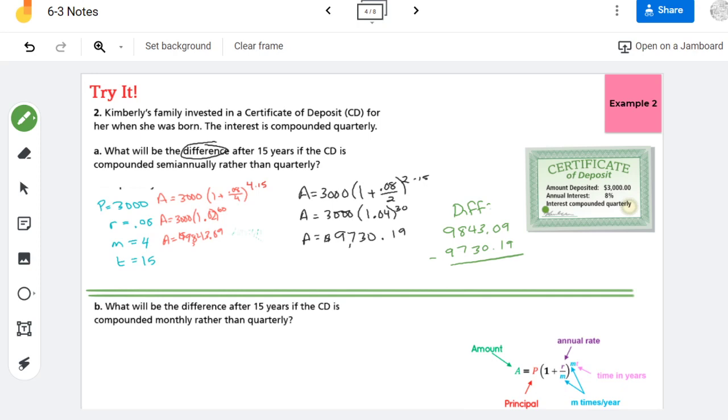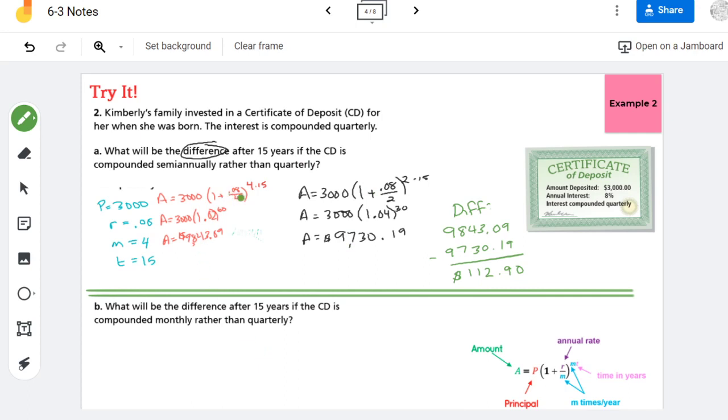So I'm just using my phone calculator real quick to do that subtraction. And I got 112.90. So when you compound 2 times a year instead of 4 times a year, that difference was only $112.